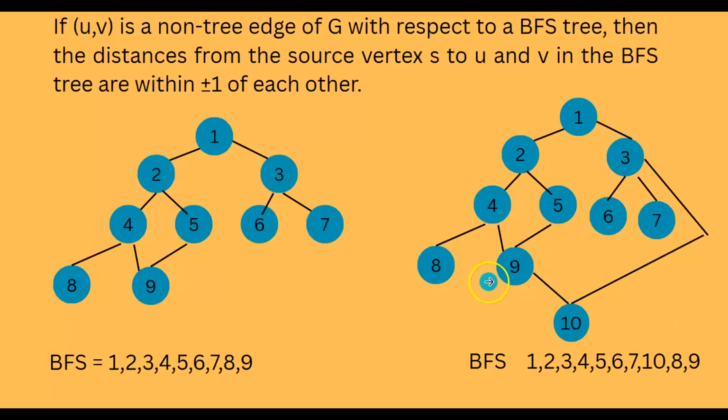So next 4, 5, 6, 7. After that 8, 9. So this will become a non-tree edge and this will become a non-tree edge. As you see, the distances for non-tree edges are within plus or minus 1. So this concept is also true.